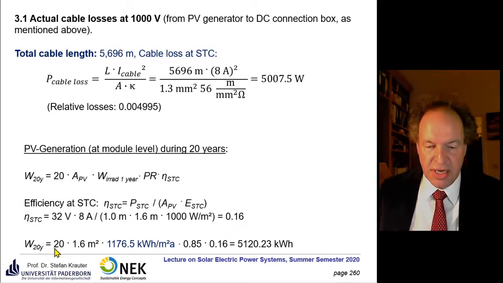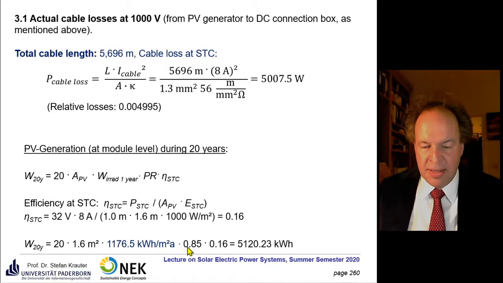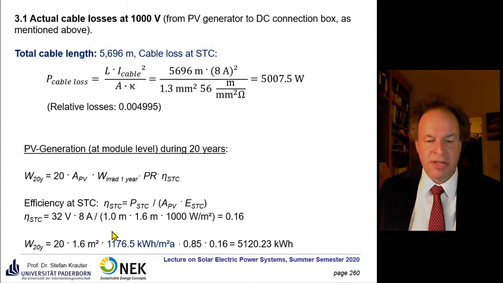The photovoltaic energy during 20 years: we have here 20 times 1.6 square meters times the irradiance value during 1 year times the performance ratio and the conversion efficiency. Altogether, we get from this generator during 20 years a value of 5,120.23 kilowatt hours.